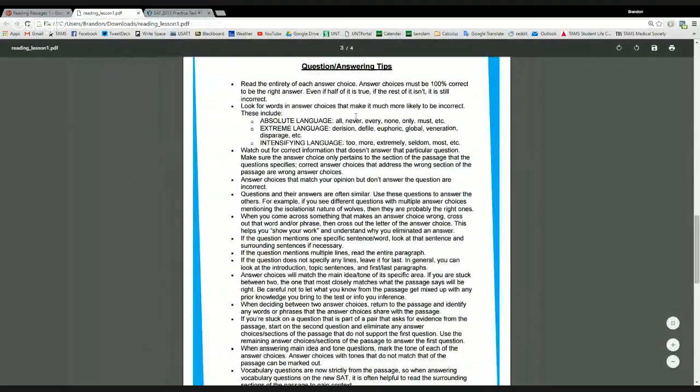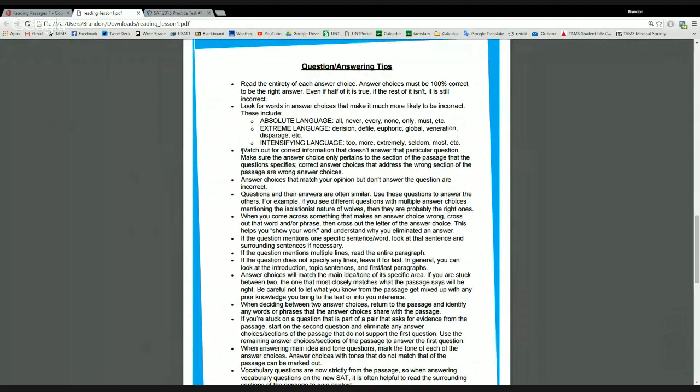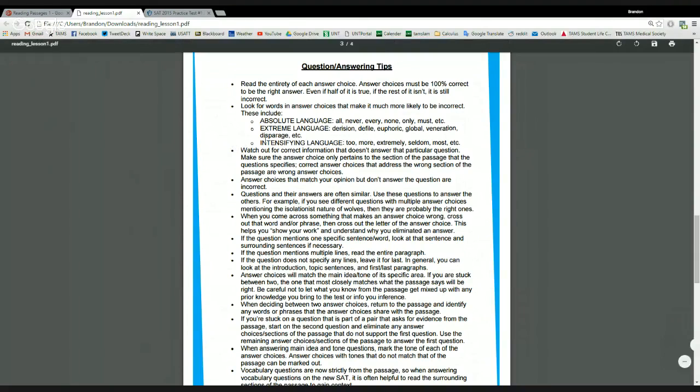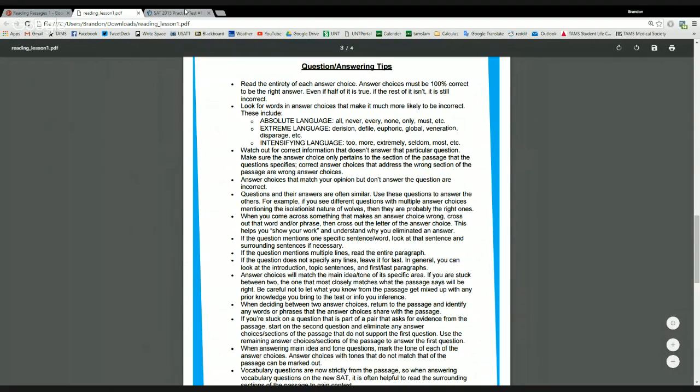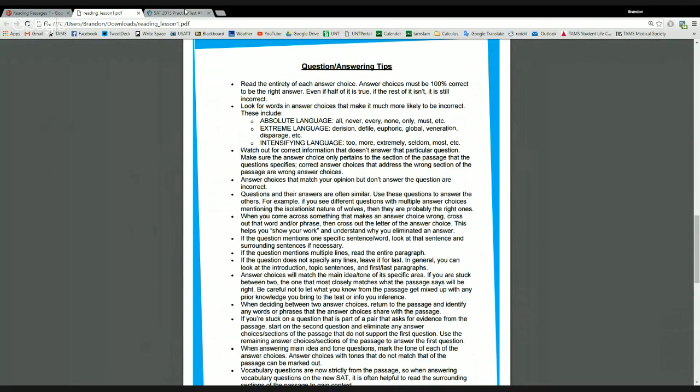So you can just go ahead and cross out the answer choice. Watch out for correct information that doesn't answer that particular question. Make sure the answer choice only pertains to the section of the passage that the question specifies. Correct answer choices that address the wrong section of the passage are wrong answer choices. So make sure that if you're given a line, you're only answering the question based on the given line and a few sentences above or below it.